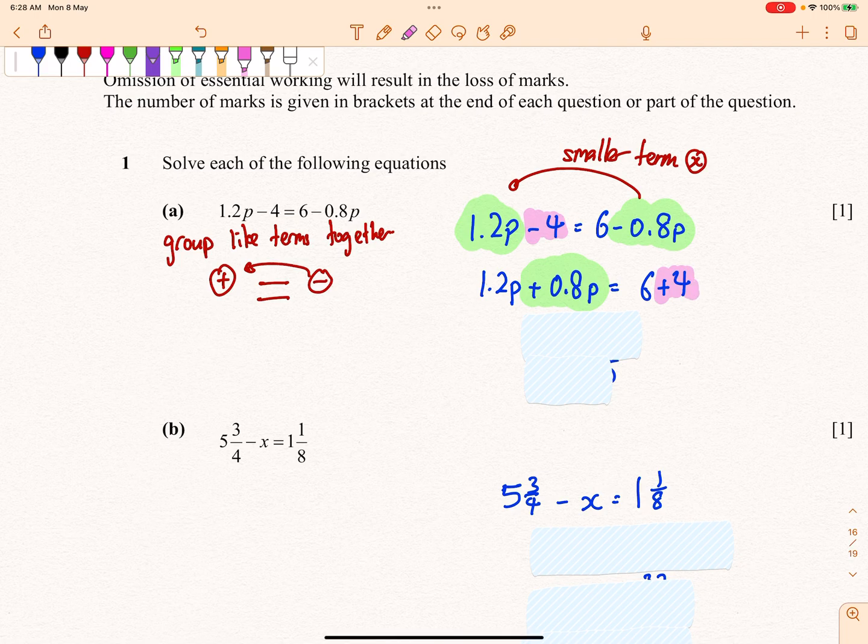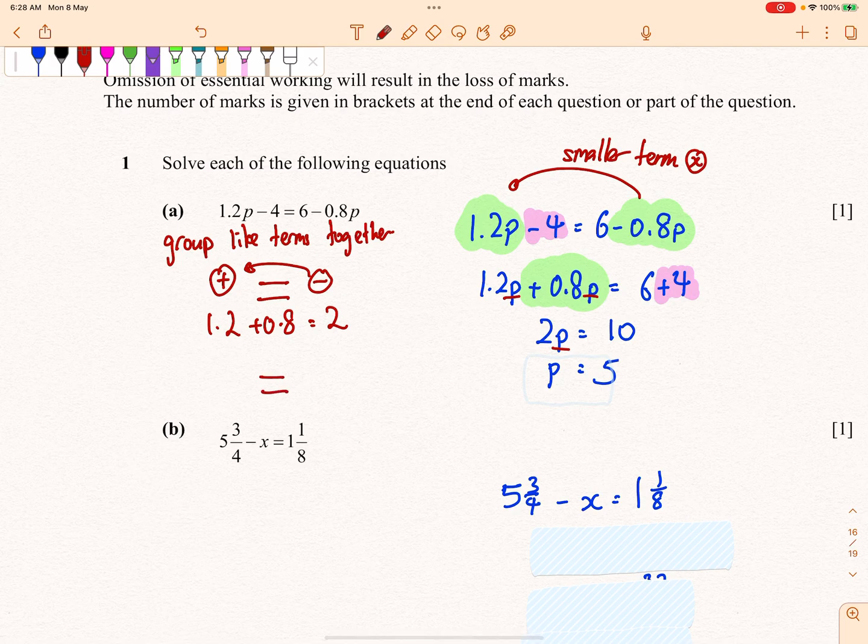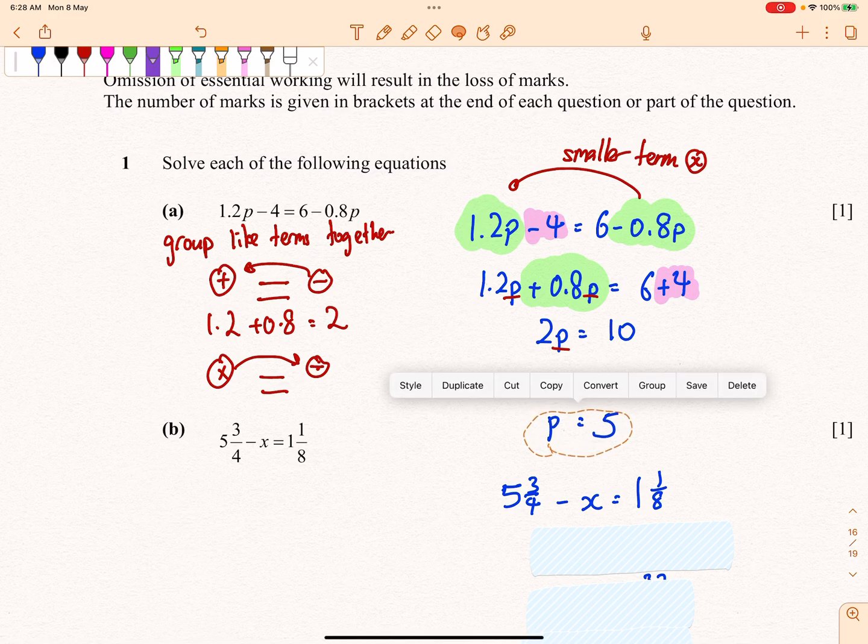Now take out your calculator. Press 1.2 plus 0.8, and you get 2. But you cannot just write 2, because there's a P there, so the answer will have a P. Similarly, if I have a times, when I bring it over, it becomes divide.